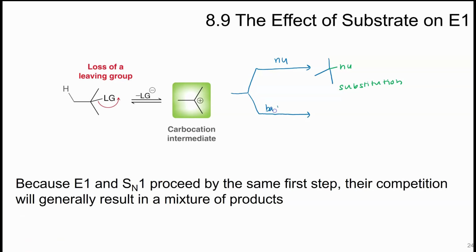If you have a base, that results in an elimination. Because E1 and SN1 proceed by the same first step, the competition generally results in a mixture of products. So you won't get nucleophilic substitution only or elimination only. You end up with a mixture of products.